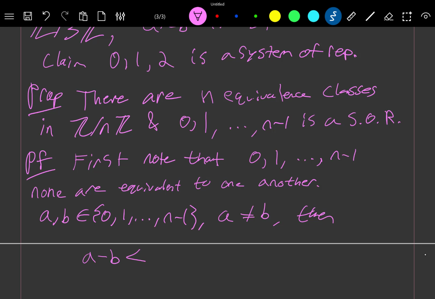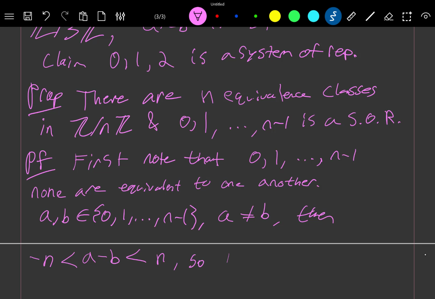At most, it can be n minus 1, so it's strictly less than n. And the least it could be is negative n minus 1. So we have that a minus b is between negative n and n.